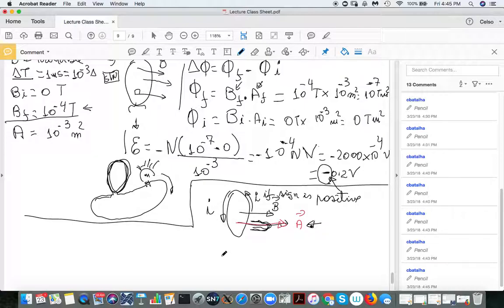This is the circulation of your current. Now, if the sign is negative, you go the other way.